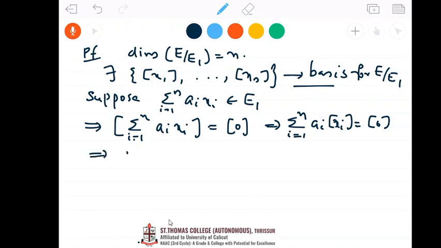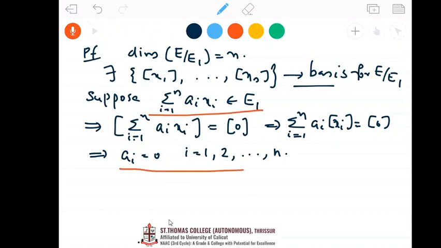So this means ai equal to 0 for i equal to 1, 2, etc., n. So if summation i equal to 1 to n ai xi is in E1, then ai equal to 0 for i equal to 1, 2, 3, etc., n.